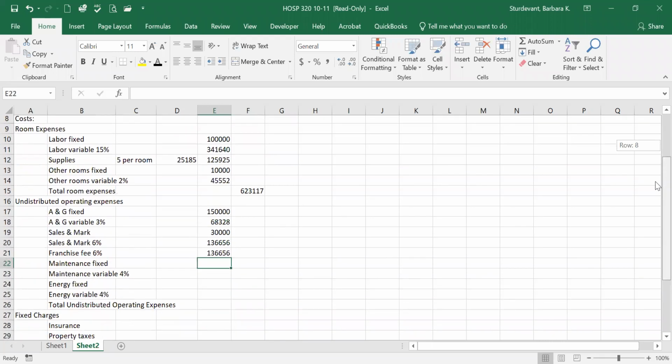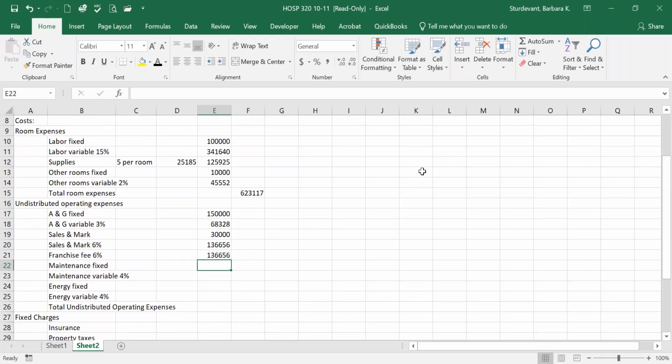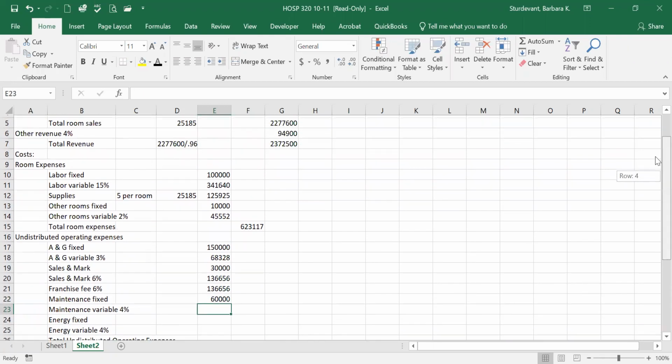Scroll down here. We had maintenance fixed of 60,000, and then we had a variable of 4%.